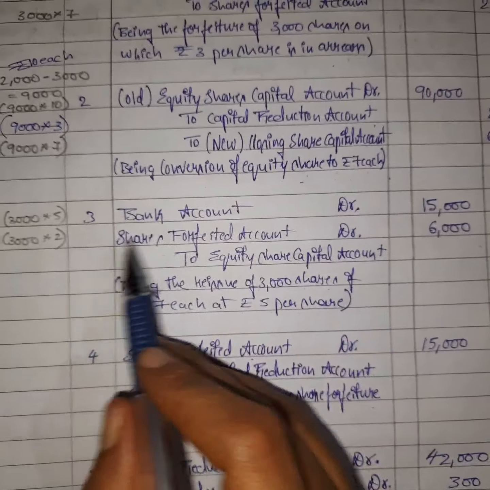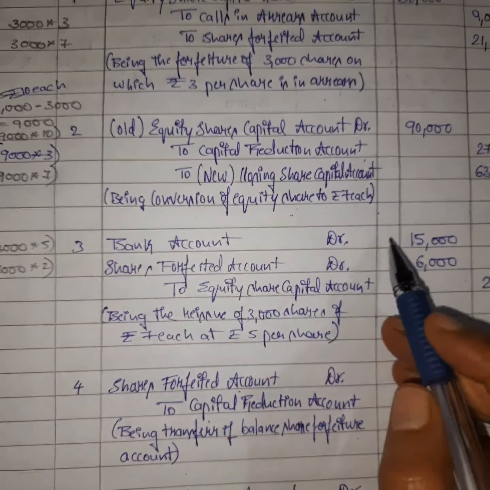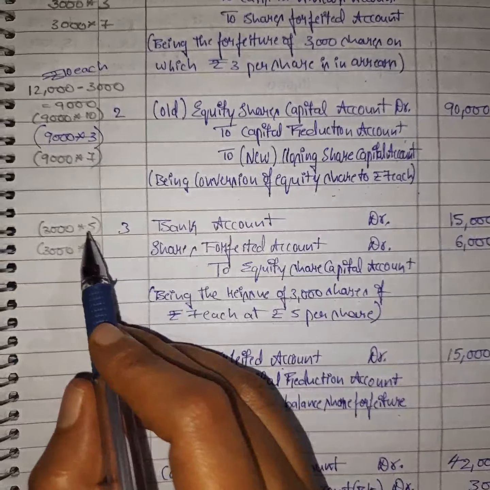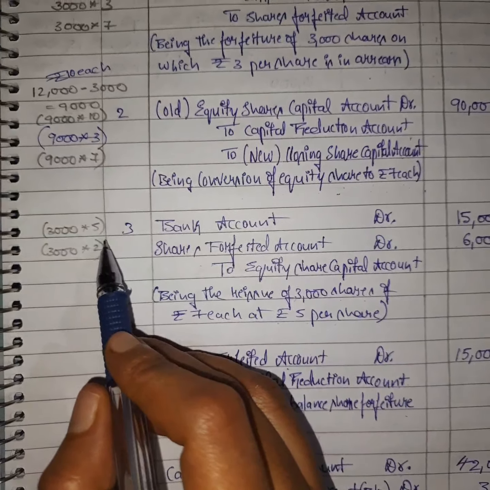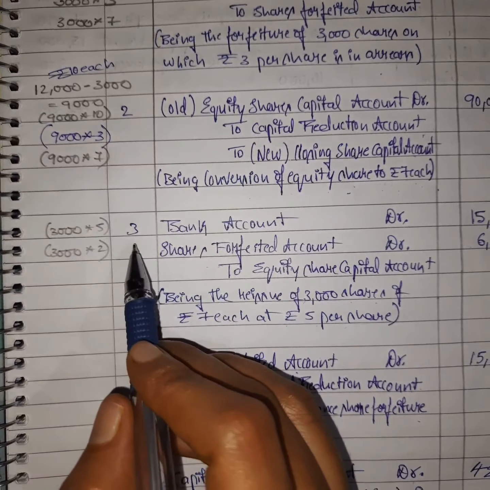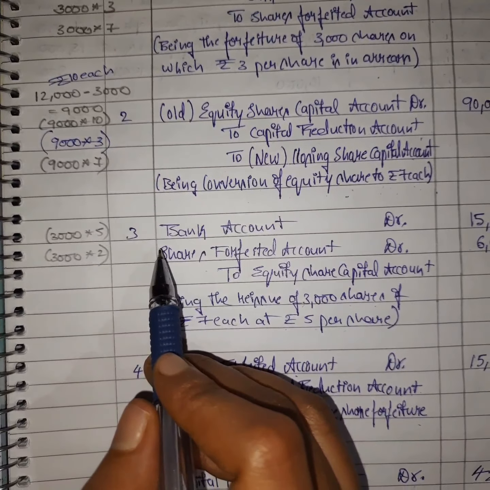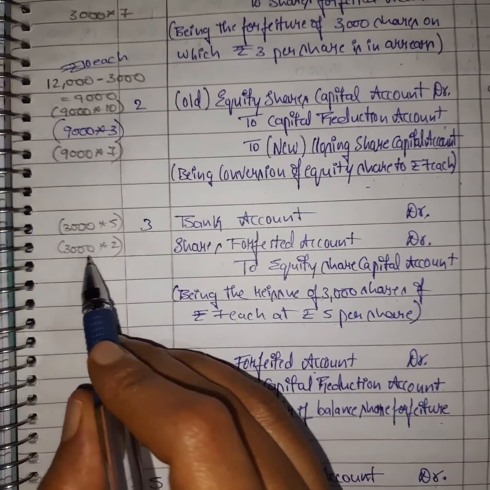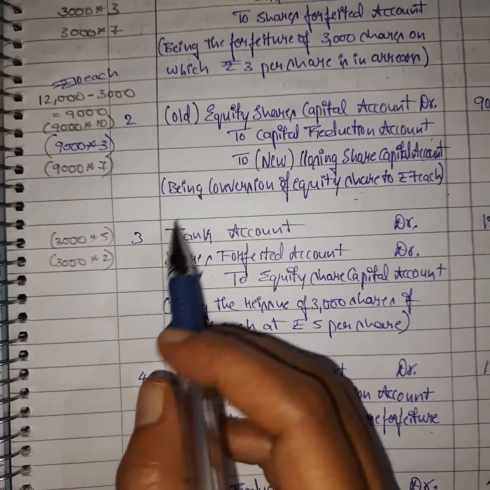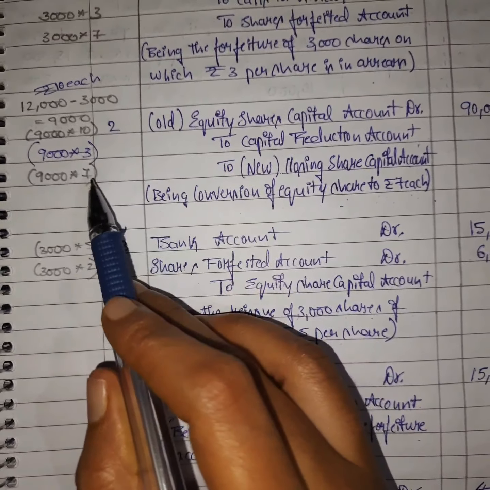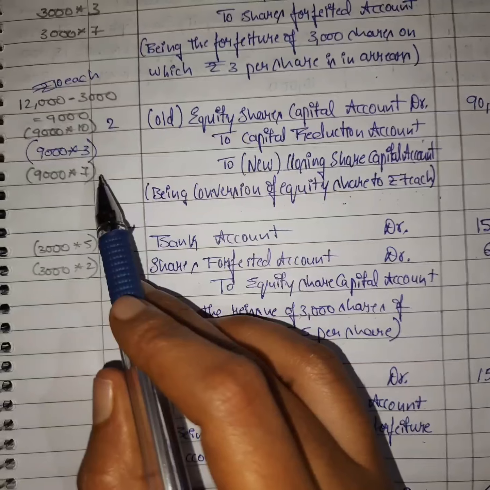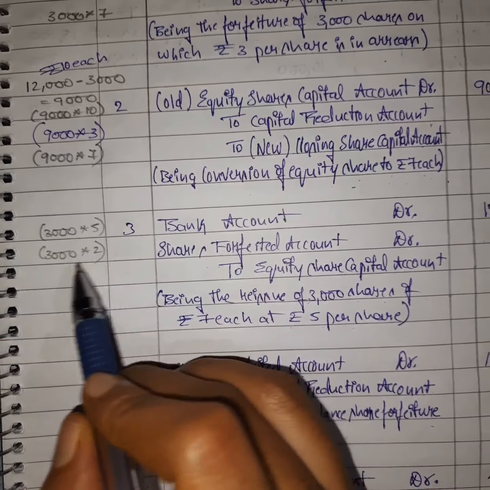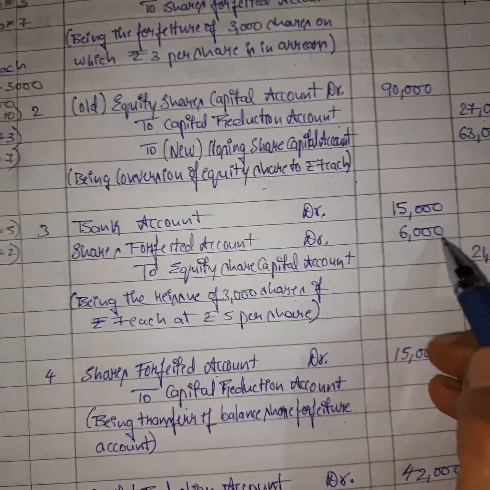Coming to next entry, bank account debit 15,000, 3,000 into 5. The reissue of the forfeited share at rupees 5 per share. Coming to next, 3,000 into 2. Previously, the value per share is 7, so the remaining is 2. 3,000 into 2, 6,000.